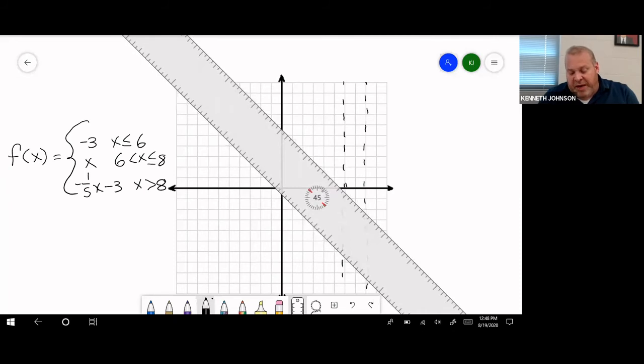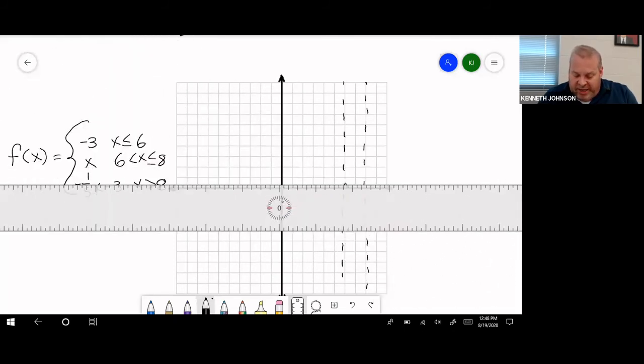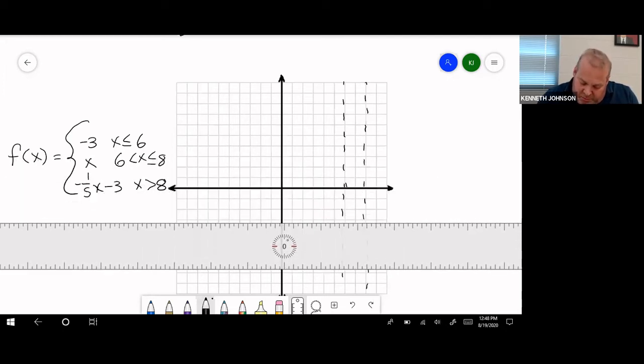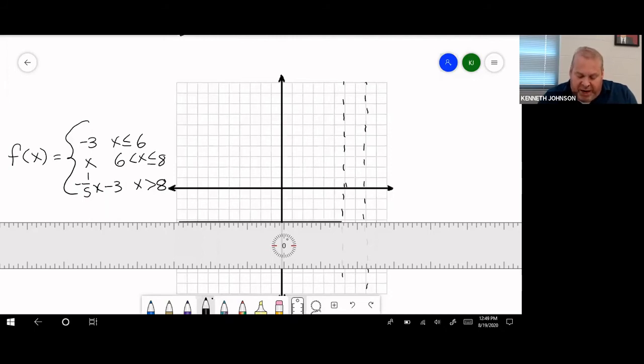And a lot of people forget how to graph that. Well, y equals -3 is pretty easy. It's just a horizontal line. So I'm going to draw my line at y equals -3 till just before I hit 6.